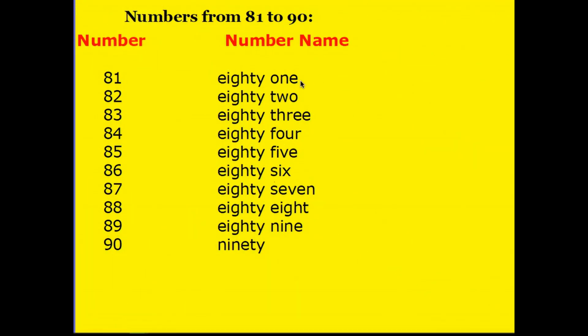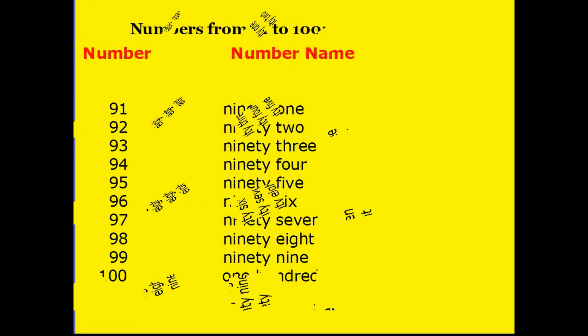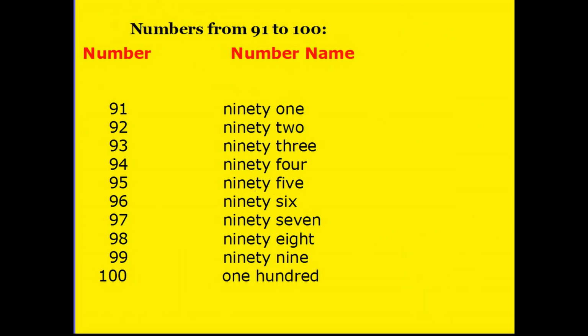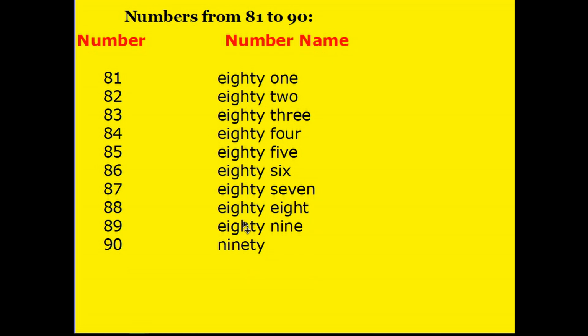As I told you, in this class also we are going to see numbers, starting from 81 to 90 and 91 up to 100. The same way we will see the numbers with their words, with their names. So the first one is 81, 82, 83, 84, 85, 86, 87, 88, 89, 90. These are the words, the names of these symbols.